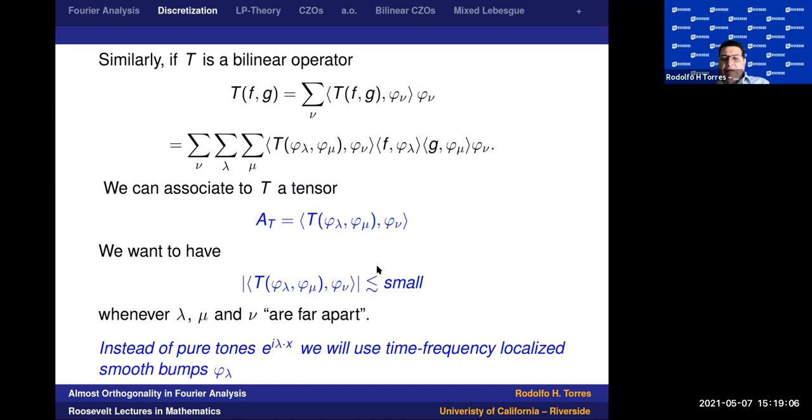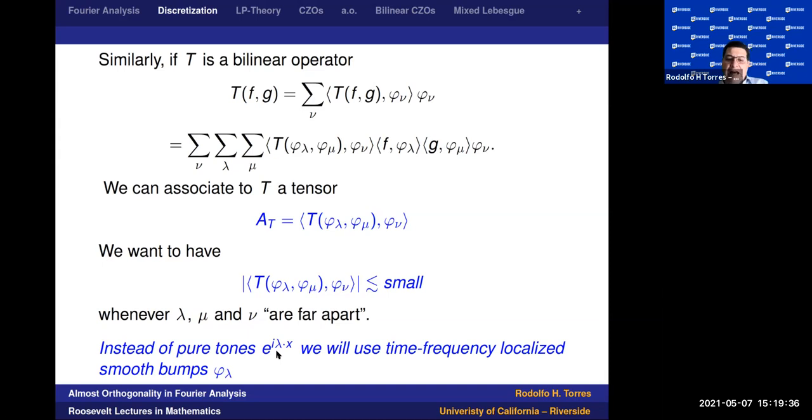Now, the difference in what we will be doing is that instead of using pure tones, the complex exponentials of Fourier analysis, we're going to use some time-frequency localized smooth bands. These are going to be smooth functions that, to the extent that is possible, have very good localization in both domains, both in time and frequency.